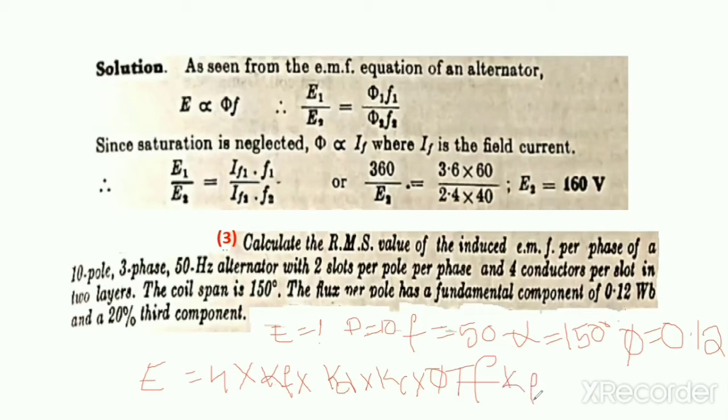That is KF. Therefore, KF is equal to 1.11. That is always a fixed value.